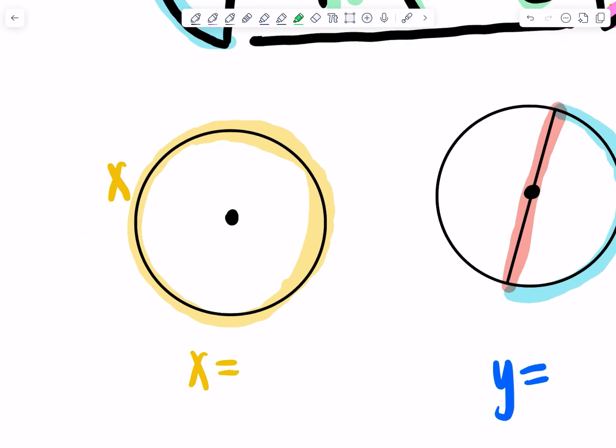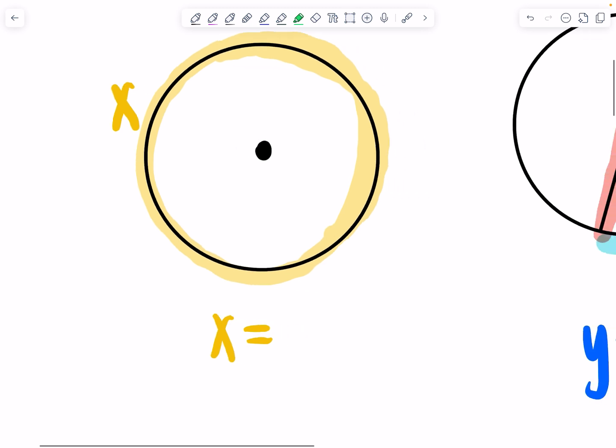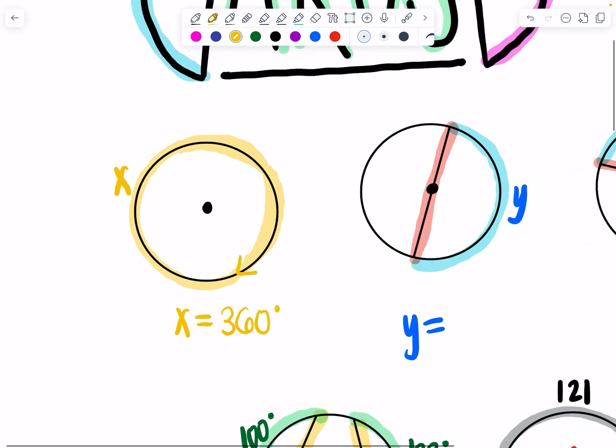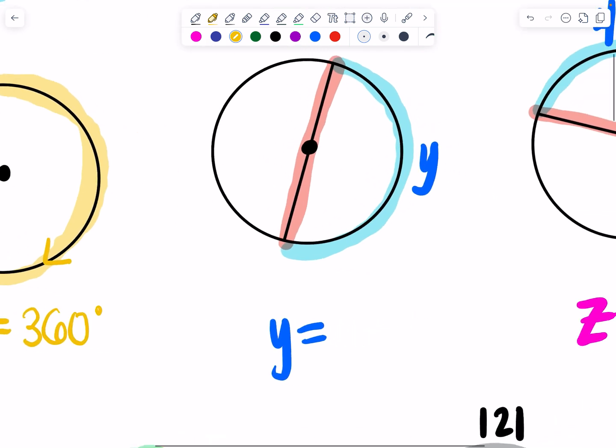So the first thing I want to look at is whenever we're looking at a full arc, we're going to talk about how many degrees the arc is. When I'm looking at this very first one, it is a full circle. This one goes all the way around, and so that is going to be 360 degrees. On the next picture, we have a diameter drawn in.